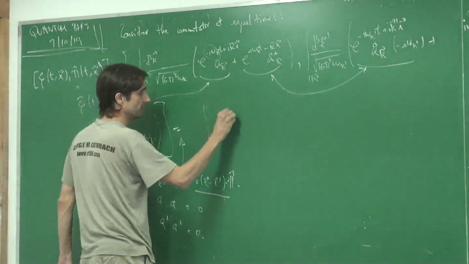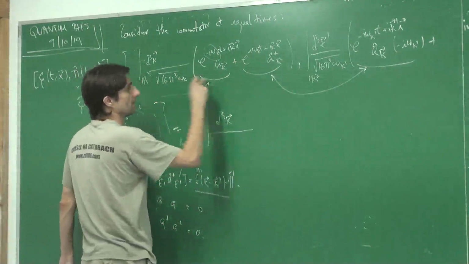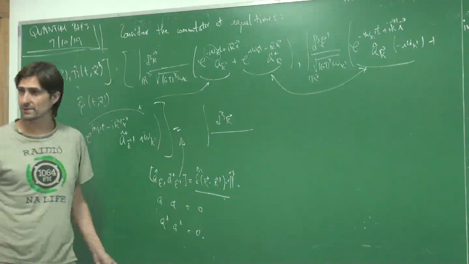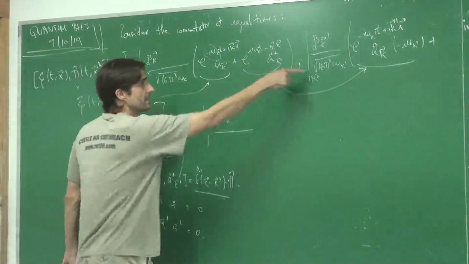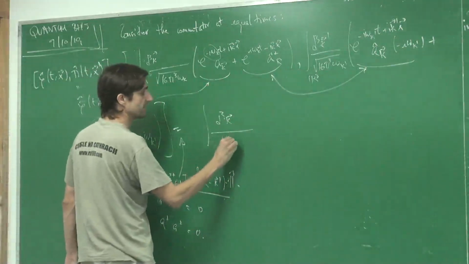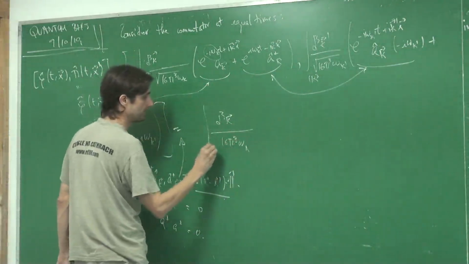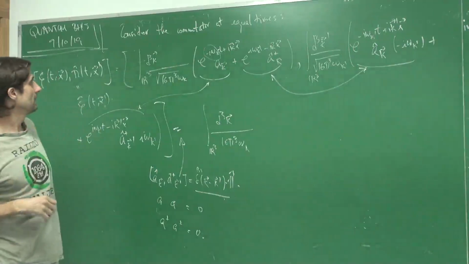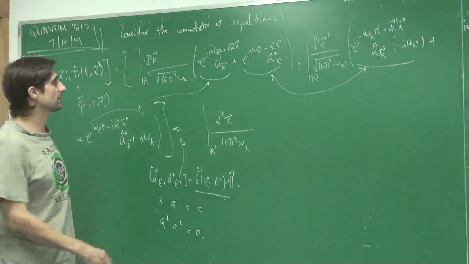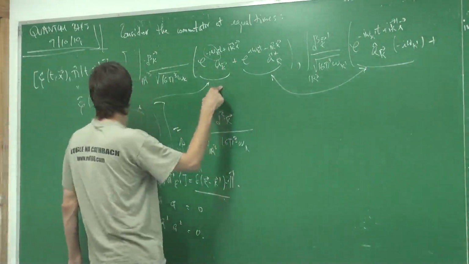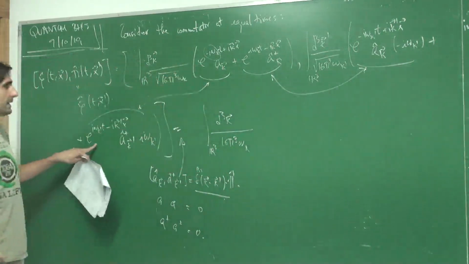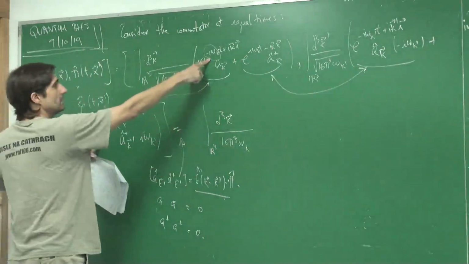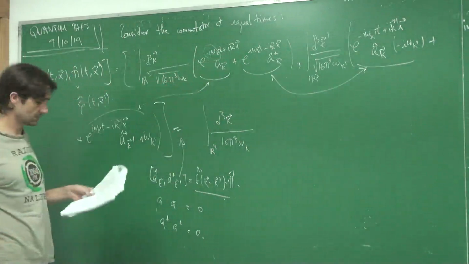So you're going to have just one integral. Now the k and the k prime are the same, so omega k is equal to omega k prime, so you just have 16 pi cubed omega k. K and k prime are the same, so these two will cancel out, and these two will cancel out.